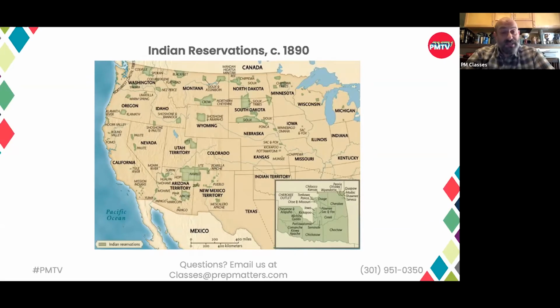You have railroads and hunting that decimate buffalo populations, basically destroying the main source of food for many of the native peoples, as well as their supply of housing materials. As Native Americans grow more desperate in these economically tough times, they launch attacks on settlers, leading to the so-called Indian Wars of the 1870s through 1890, which come to an end after the Battle of Wounded Knee in South Dakota.